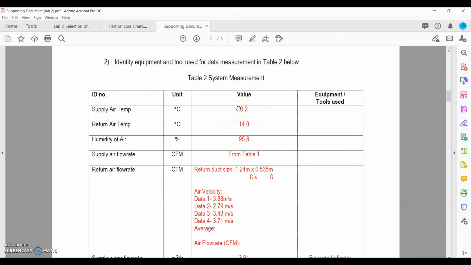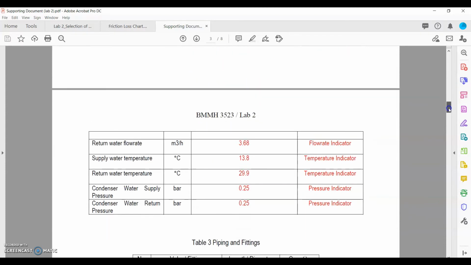When we talk about temperature, we can also measure using a thermometer. For the anemometer, 2 data will appear on the screen, which are velocity and also temperature. Table 2 is quite simple.